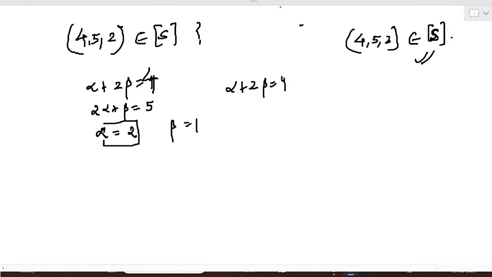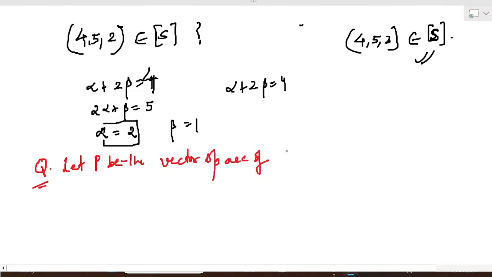Now let us do another question, and I'll leave it for you to do. I'm giving you a minute or so to think about it, and then we'll proceed. The question says: let P be the vector space of polynomials over R, and over R means with real coefficients.